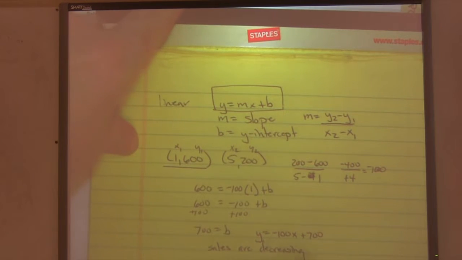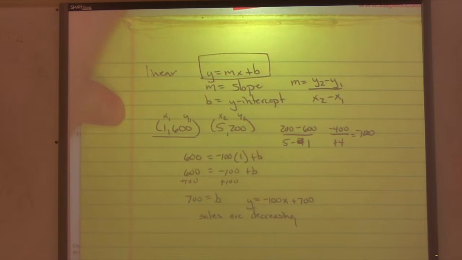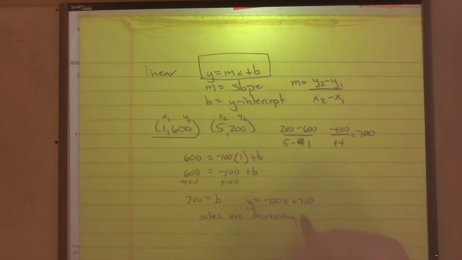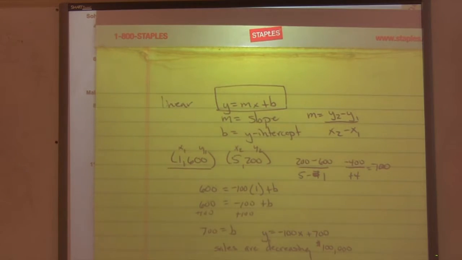Remember this is 100 million, so it's really decreasing $100 million every year. Now, if they ask you to determine the y-intercept, which is what they will do on the test, our y-intercept is 700, and going back to the chart, that tells us that we started with $700 million in sales.